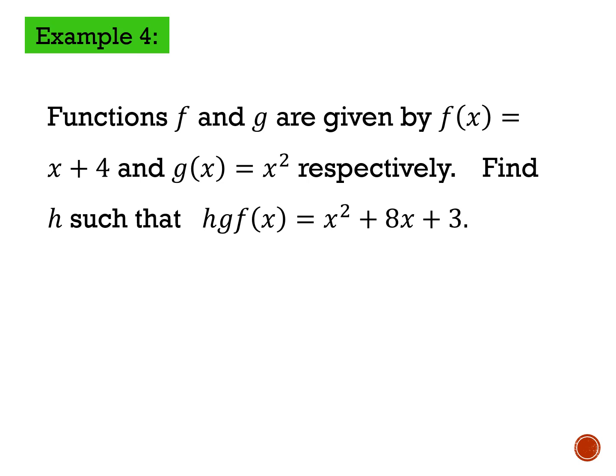Let's look at example 4. Functions f and g are given by f(x) equals x plus 4 and g(x) equals x squared respectively. Find h such that h(g(f(x))) equals x squared plus 8x plus 3. Since we want to find h, which is actually the front function, and we also have the composite function g(f(x)), but we do not have g(f(x)) yet, we can find it since we have f(x) and g(x).